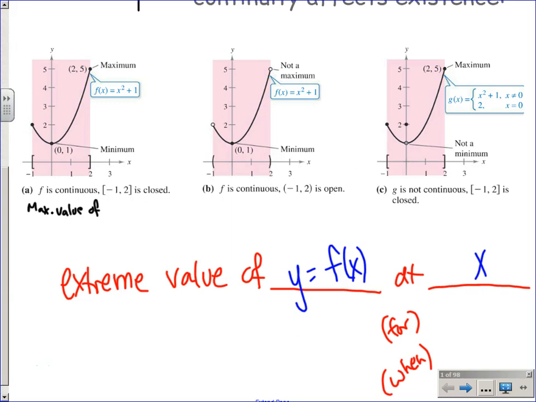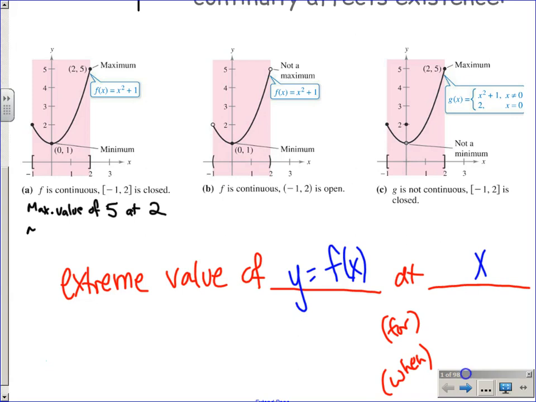Maximum value, we're saying what's the highest value? What's the highest it goes? The English totally tells you this. Well, it goes to 5, doesn't it? The maximum value is 5, but at, or when, or for x equals 2. Does that make sense? So the value is 5. The highest it goes is 5. When does it happen? For what x does it happen? It happens when x equals 2.